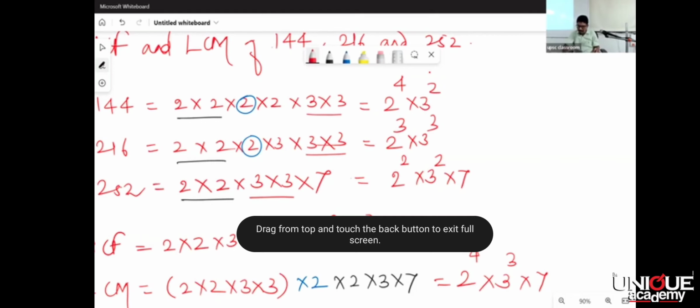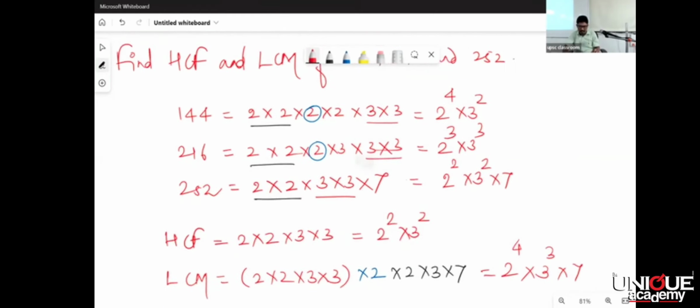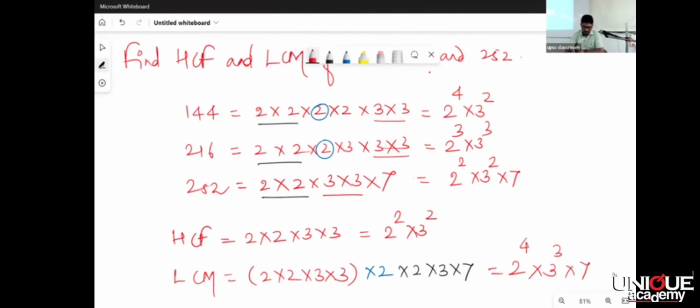Okay, so write down this one. Listen, you are getting this concept. When we apply this, it will become more clear.